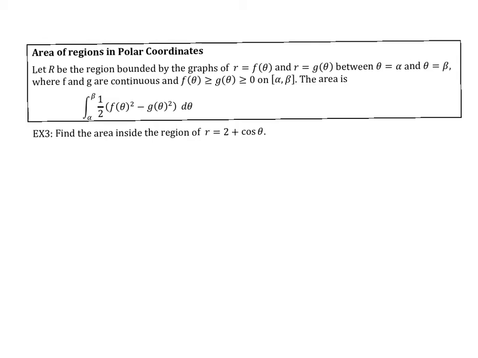Unlike our usual XY coordinate system, where we add up the areas of very skinny rectangles when we compute our integral, remember that polar coordinates are angular, circular movements. So we're not adding up areas of rectangles when we compute area in polar. What we're adding up is the area of sectors.